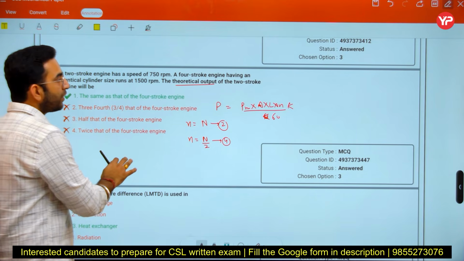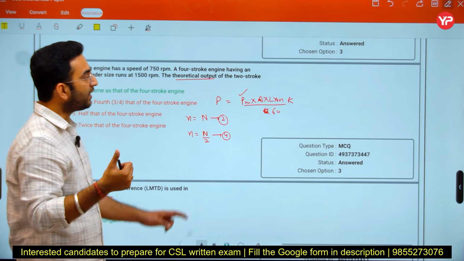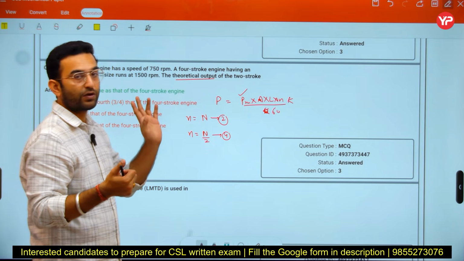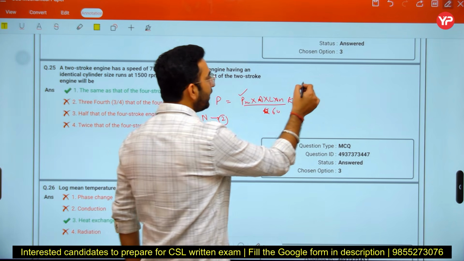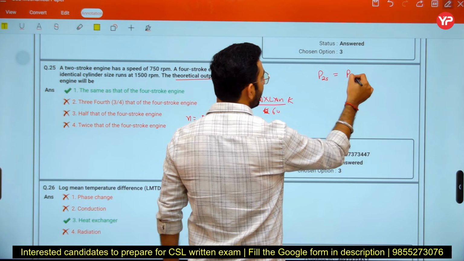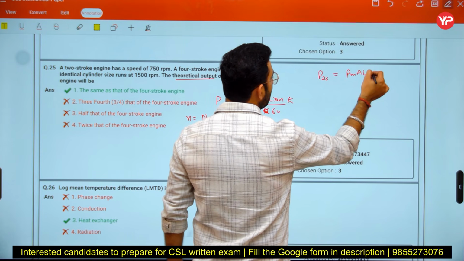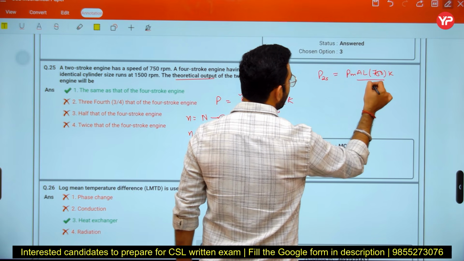Okay, now so here if you can see, here I am assuming mean effective pressure is same, area is same, length of stroke is same, number of cylinder is also same. Okay, so correspondingly if you write for the two-stroke engine, the formula will be written as P M A L 750 multiplied by K divided by 60.